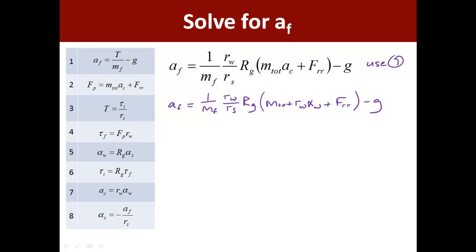That's the angular acceleration of the wheel, and we can use equation 5 to substitute something in for that. So we're going to use 5.